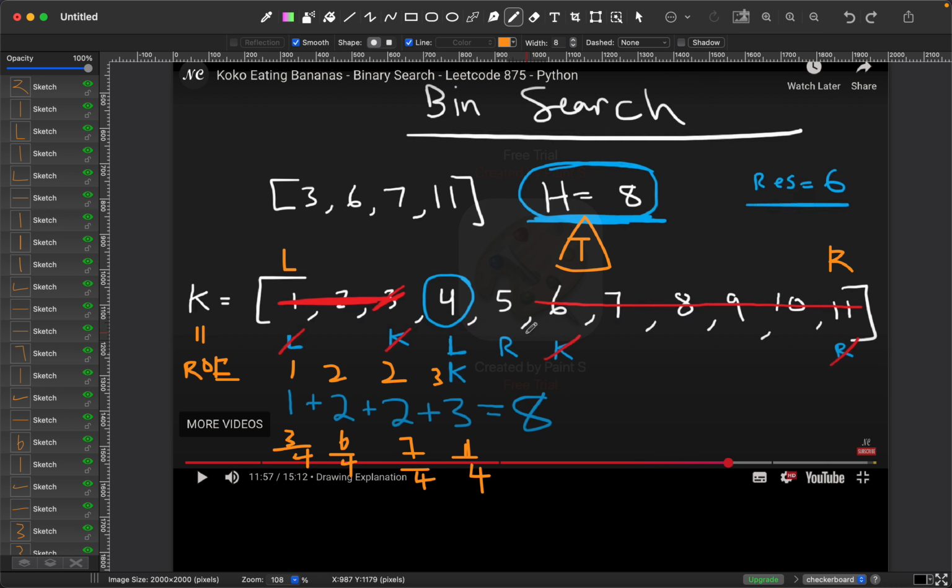So I've got these 11 numbers, 11 divided by 2 is 5, so 1, 1, 2, 3, 4, 5.